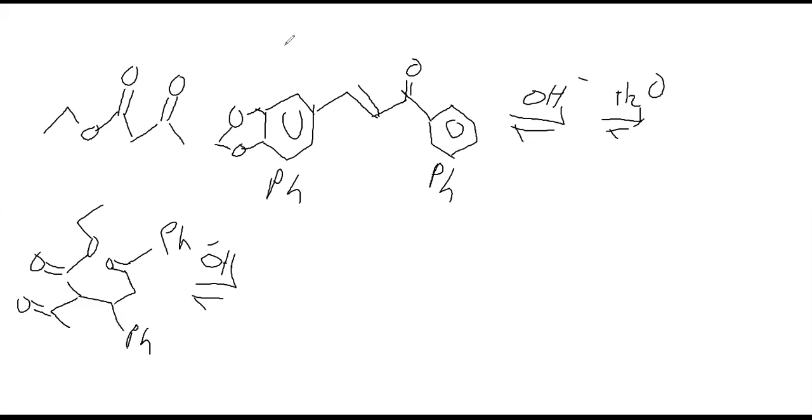Thankfully, here's our alpha hydrogens that we can deprotonate. Deprotonate there and still form a 1, 2, 3, 4, 5, 6-membered ring. So I'm going to do that.